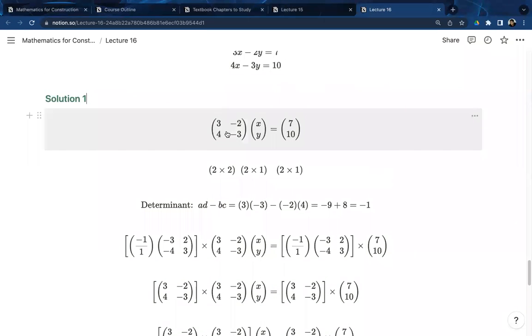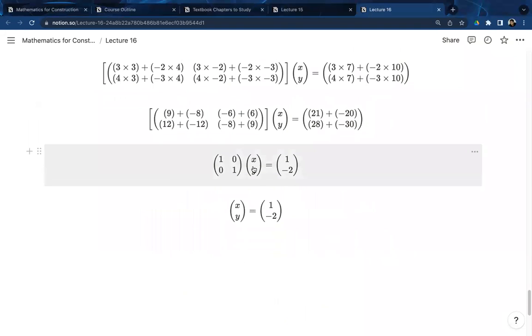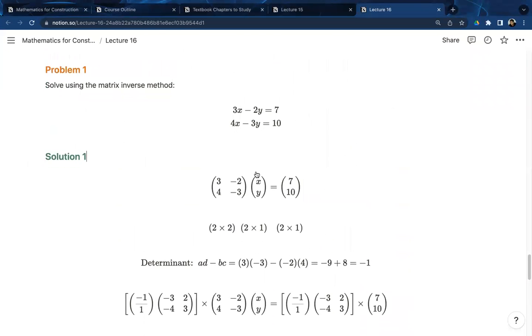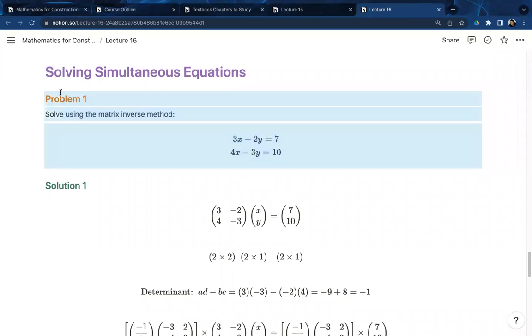How do you remove it? One way of removing it is just to multiply by its inverse. When we multiply by the inverse, we will get the identity. And then the identity by x y is x y. So you see how you remove the matrix, right? So removing a square matrix is easy. Just multiply by its inverse. And we just stick to 2 by 2 matrices. Right? So this was problem 1.